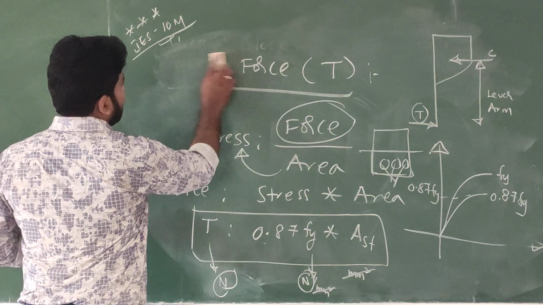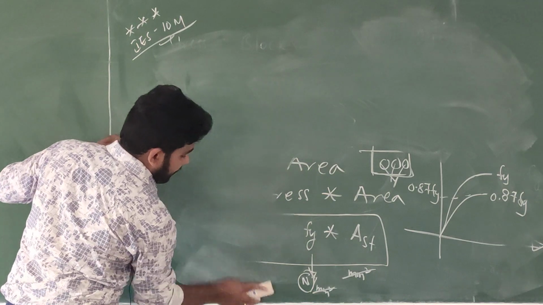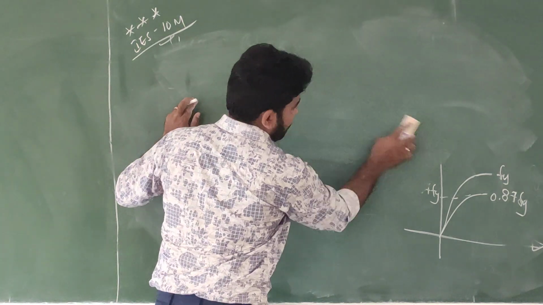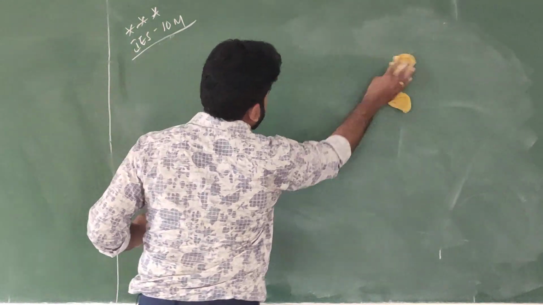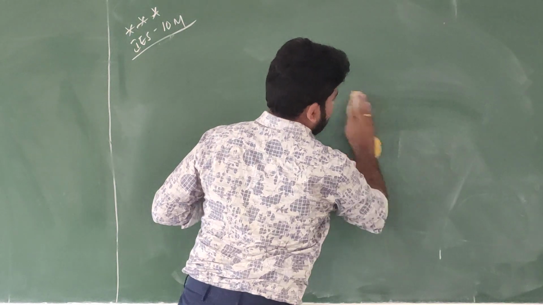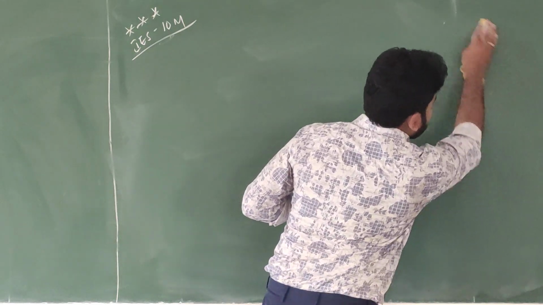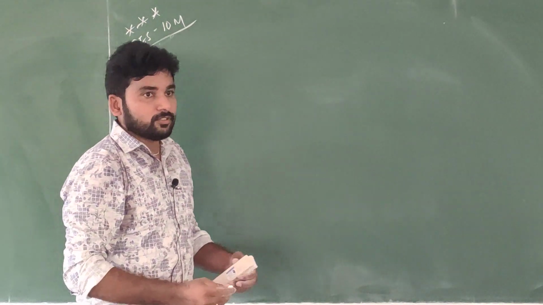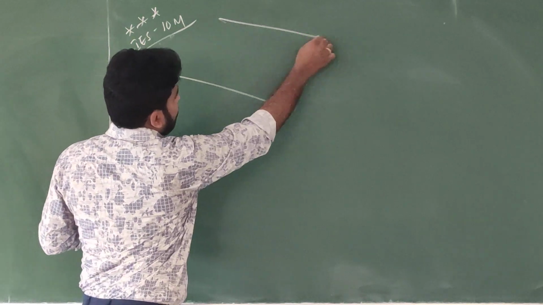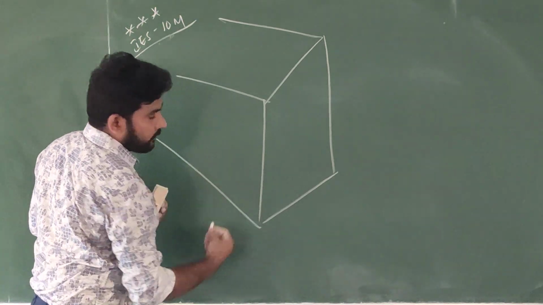Next one is, after seeing this diagram, you should understand why we are finding these things. Now there is a beam.